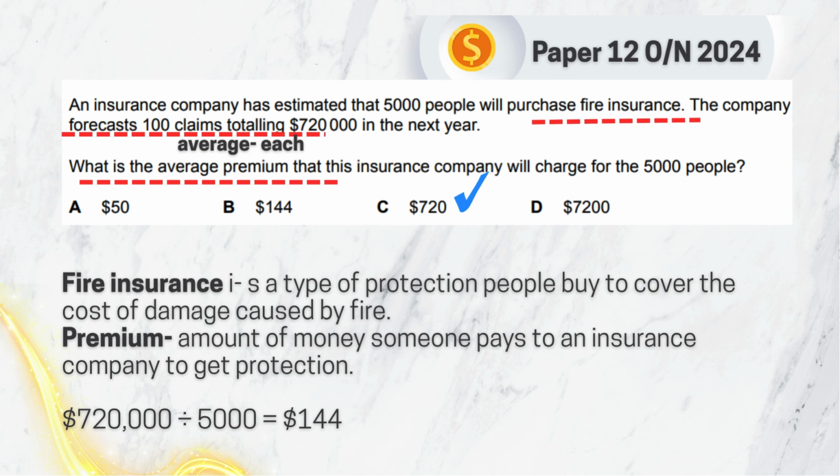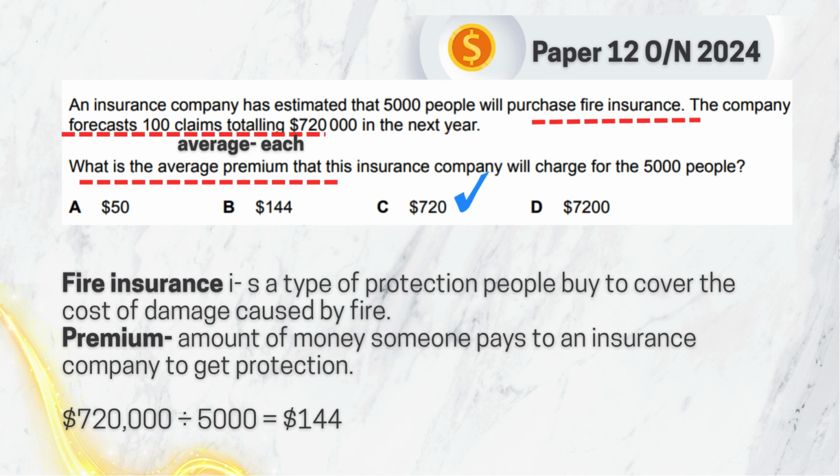So let's take a look again at fire insurance. It's a kind of protection for people, but the catch is the insurance company collects premiums from everyone. So the question is, there's an insurance company which expects 5,000 people to buy the fire insurance, and they predicted that next year there will be 100 claims, like 100 people will be claiming for the insurance.